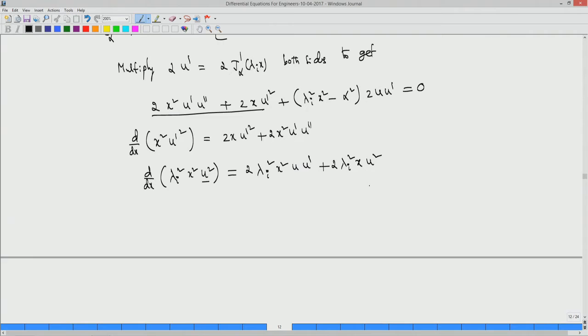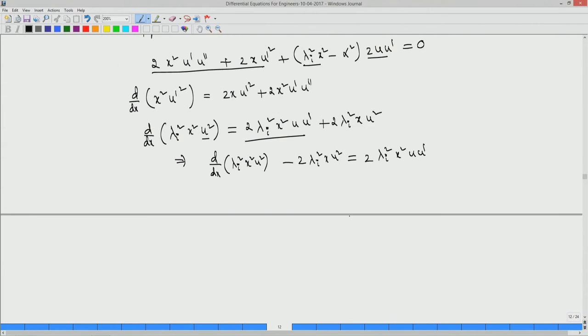And then I can replace this part with this. So you can rewrite d dx of lambda i square x square u square minus 2 lambda i square x u square, which I can replace with 2 lambda i square x square u dash.